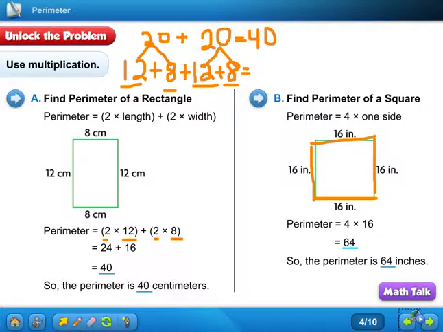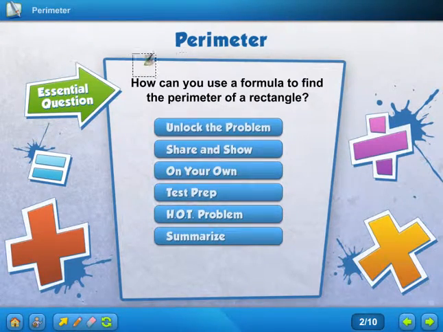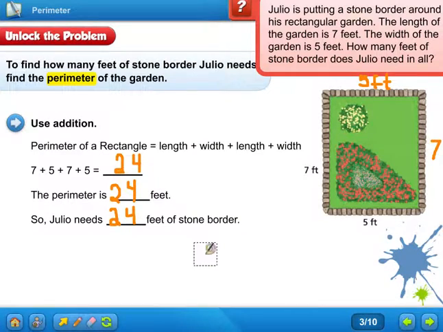All right, let's go back to the beginning and see if we can answer this question. How can you use a formula to find the perimeter of a rectangle? Well, the addition formula would be length plus width plus length plus width.